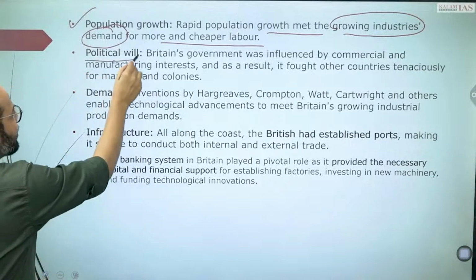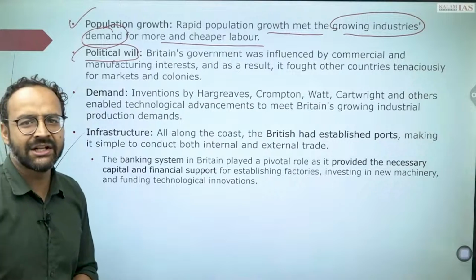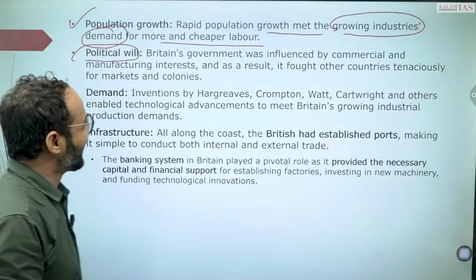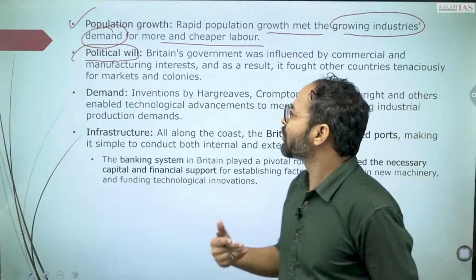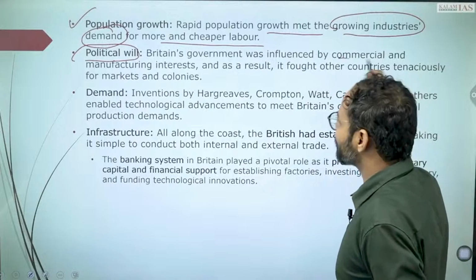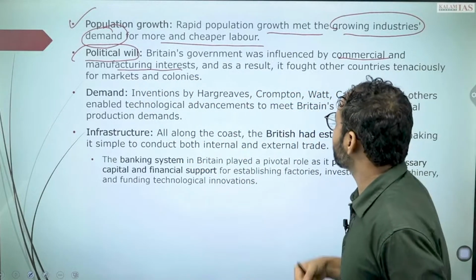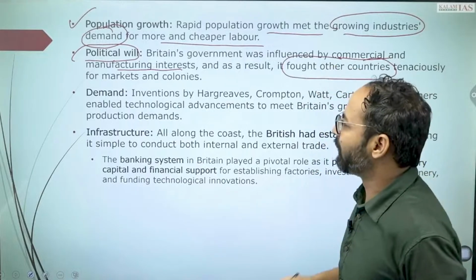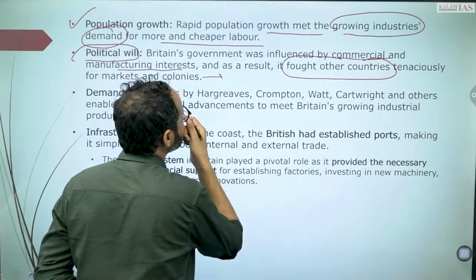And on top of that, there was also a political will associated with the industrial revolution. What was that? The British government was also influenced by the commercial as well as manufacturing interests, and as a result it fought other countries for markets and colonies. What are those colonies?